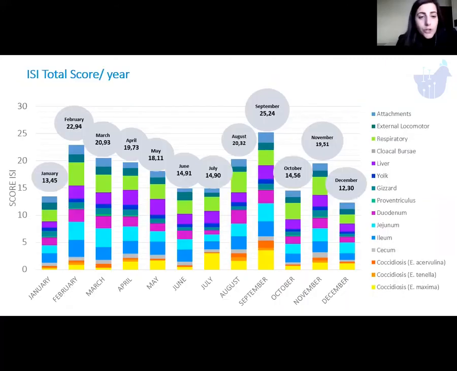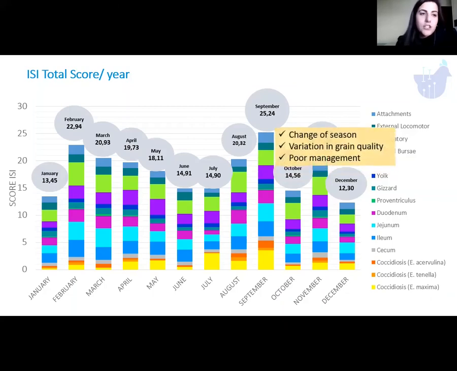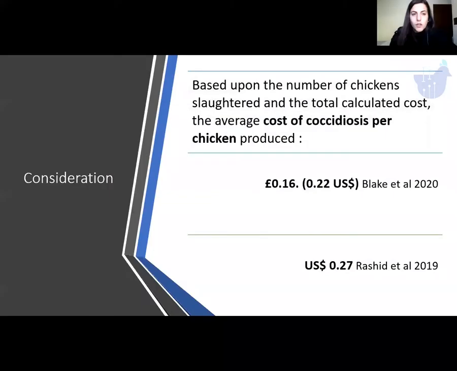We also observed that in this period there was an increase of respiratory lesions, small intestinal lesions, yolk retention, and pancreatic atrophy. These lesions may be associated with other factors like change of season, variation of ground quality, and poor management. So it is very important to investigate and understand what could be an answer for these diseases.